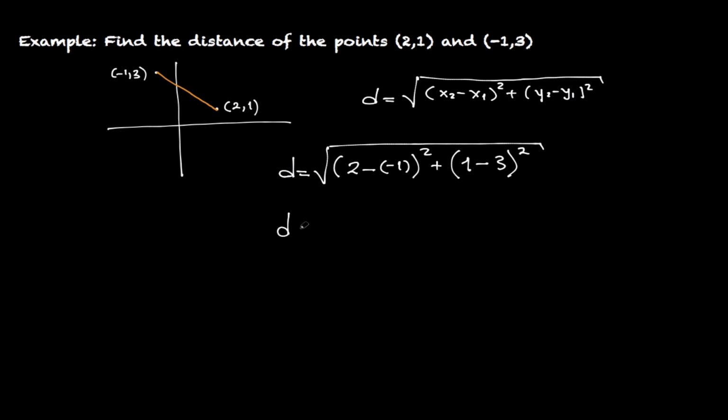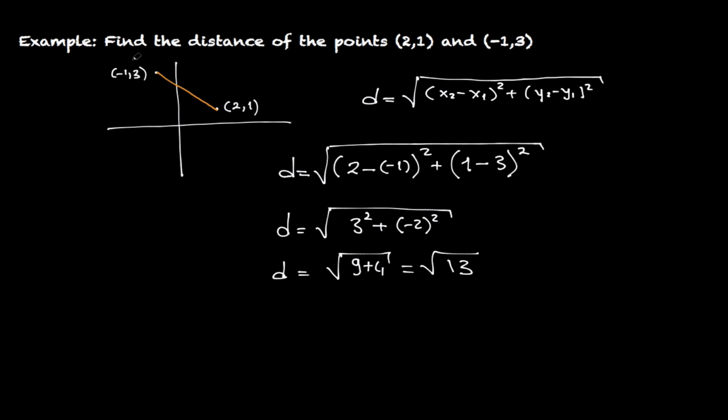So d equals the square root of, as you can see, 2 minus (-1) is 3. So it makes 3 squared plus (1 minus 3), which is -2, squared. And finally, our distance equals the square root of 9 plus 4, which is the square root of 13. So these 2 points have the distance square root of 13.